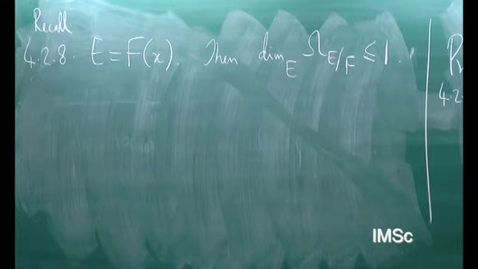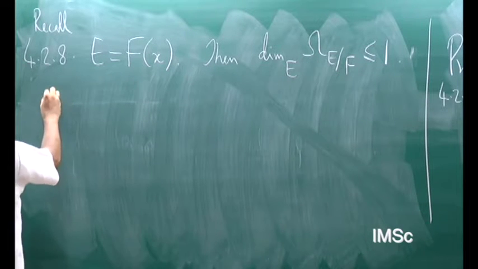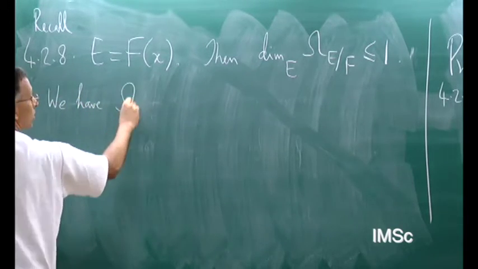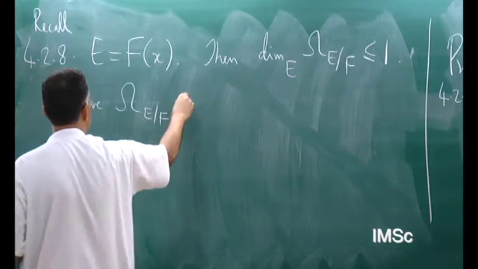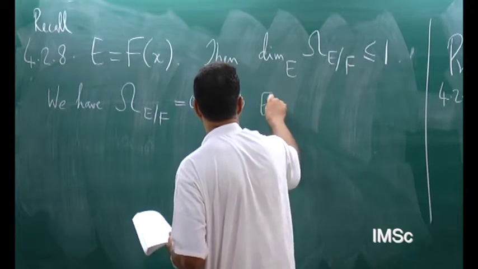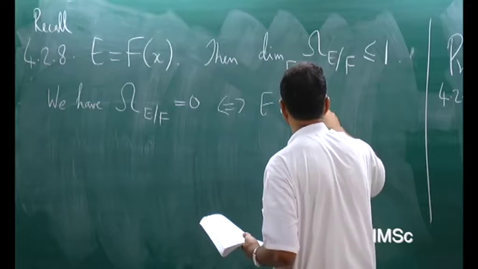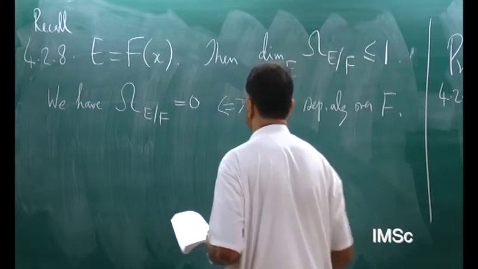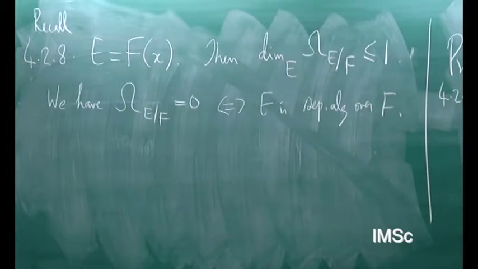Okay. And the second statement we said was that we have this equal to 0 if and only if E is separable algebraic over F. Okay, let's look at that in the light of this.